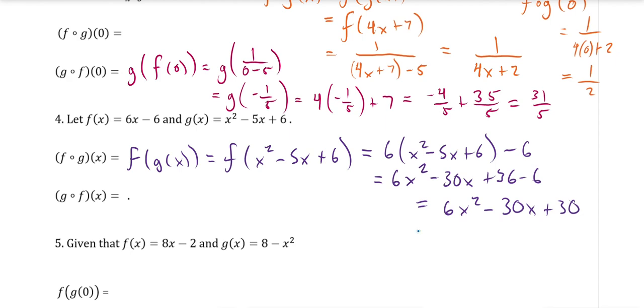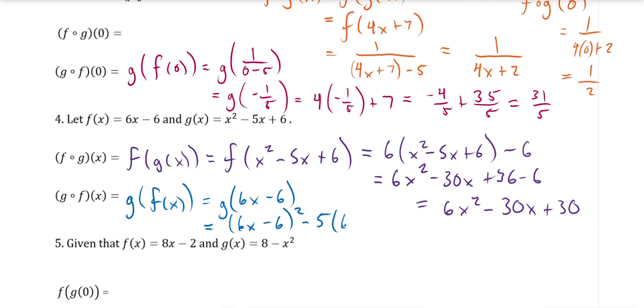Likewise, if I reverse the order of my composition and we plug f of x into g of x, I'll need to evaluate in the rules of g of x 6x minus 6, which is what f of x is. This is going to give me the square of that, which is 6x minus 6 squared, minus 5 times that, which is 6x minus 6 again, and plus 6.